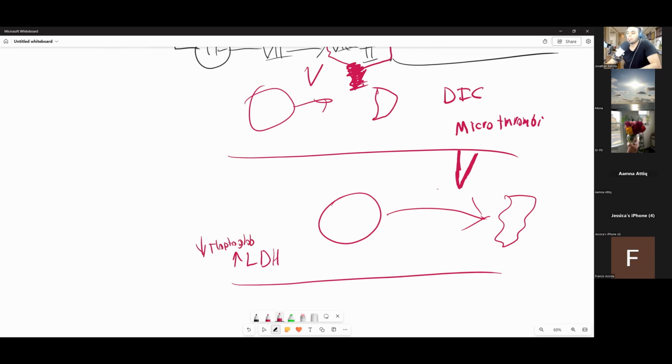Haptoglobin is there to pick up the remnants of the RBCs, of anything that has gotten destroyed. So whenever it's picking up the remnants, it won't be present. So we would see a lower level of haptoglobin. You should also have an increase of indirect bilirubin. So many things that you can have with this hemolytic type of anemia.